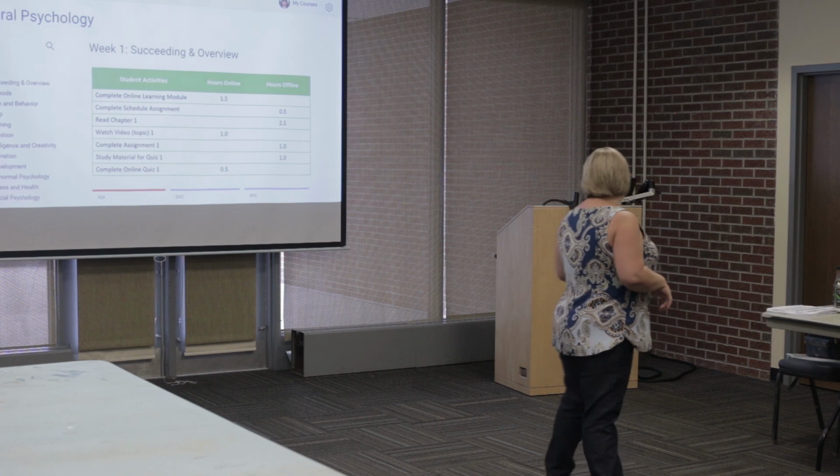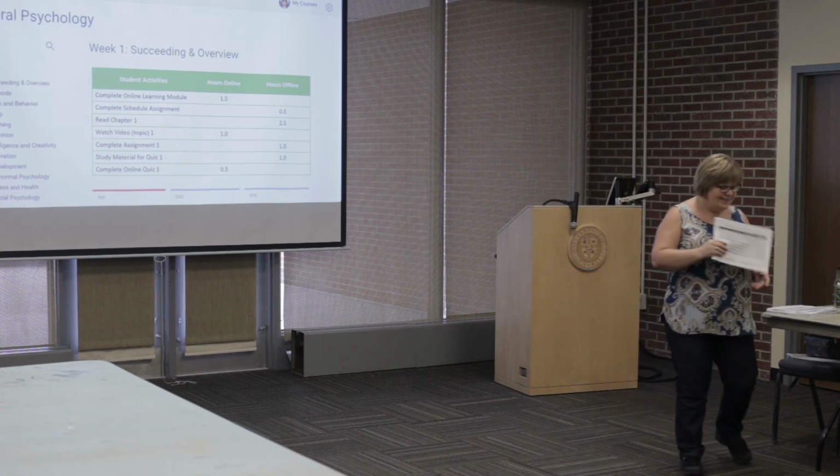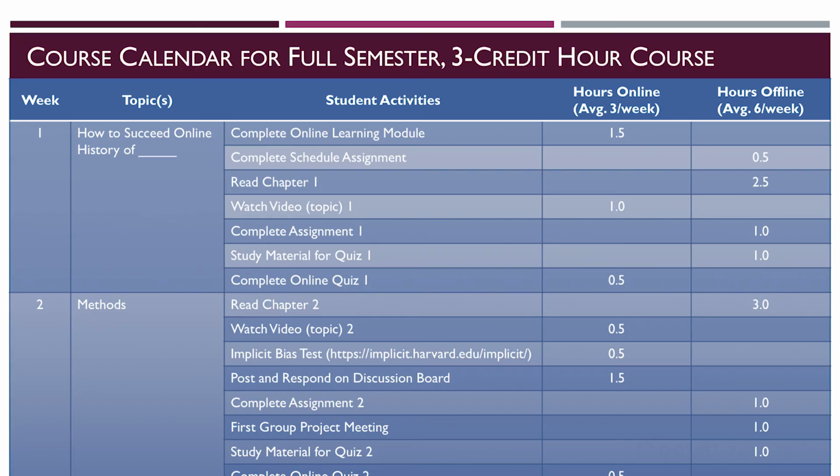This form, and I don't have it up there, this form, don't fill out the last column. At the end of our 5 sessions, this last column is going to be your roadmap for what you need to do to get your course online, right? So, we've got complete online learning module. This is what the students are going to do. We estimate it's going to take them an hour and a half.